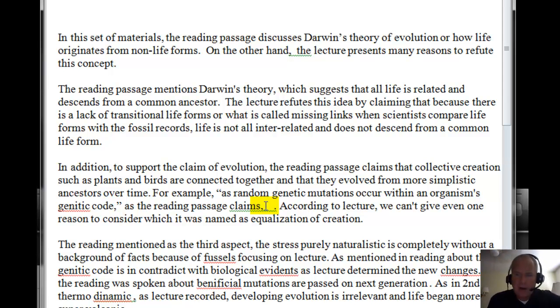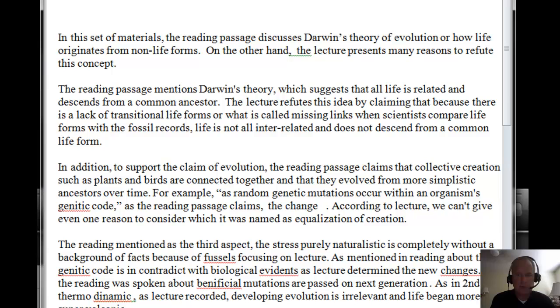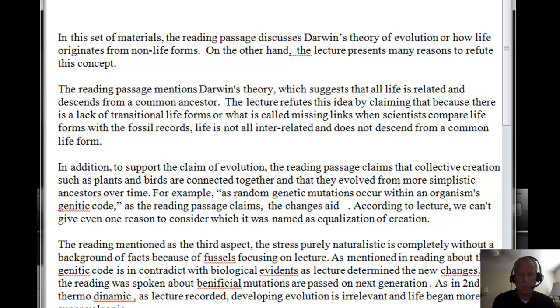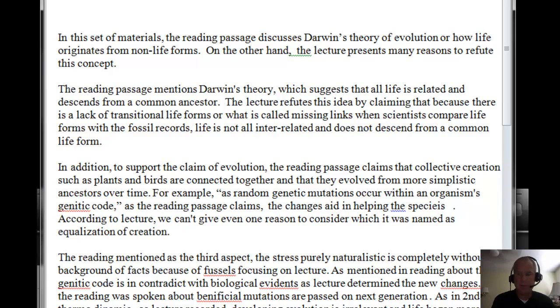Then they're saying, I think, as random genetic mutations occur within an organism's genetic code, as the reading passage claims, these changes aid in helping the species survive.